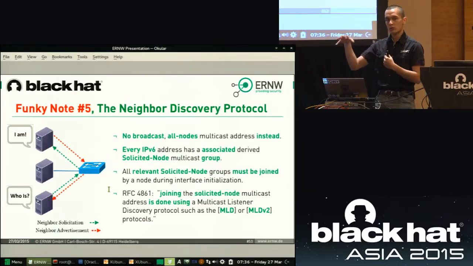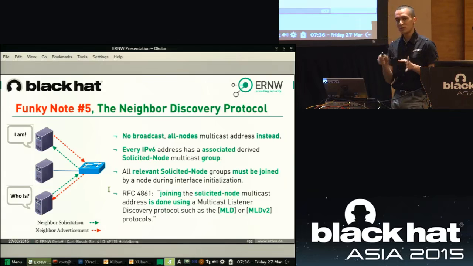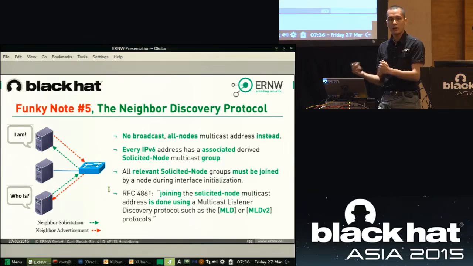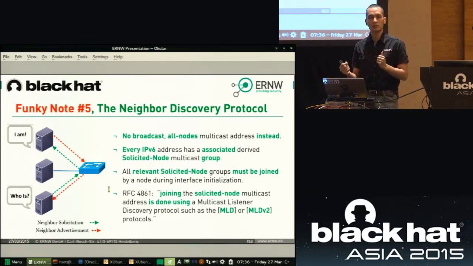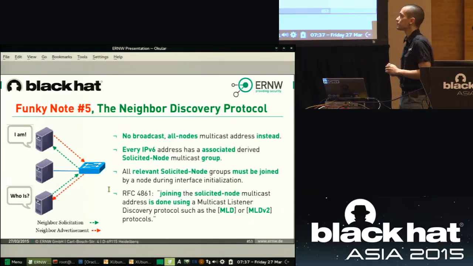Whenever someone in the network tries to reach this host, the one who tries to reach it is going to generate the multicast group using the IPv6 address and send the message to that particular multicast group. Whoever is on that group is going to reply back. So these groups are usually only populated with one host, because I get an IP address, I join this multicast group, and I wait till anyone asks me, via a neighbor solicitation message, who has this IP address, and then I reply, hey, I'm here.